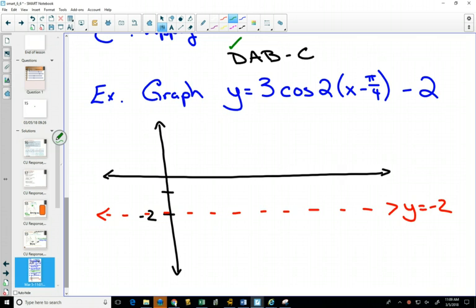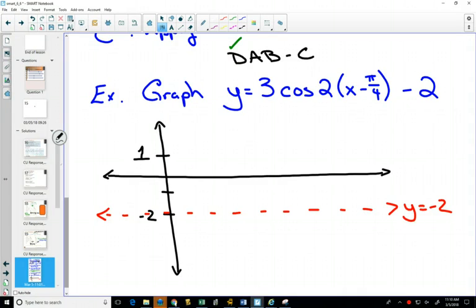Next part in DAB-C is your A value. Your A value is your amplitude. Your amplitude is always the distance from your center line to a maximum and center line to a minimum. So the next thing we're going to label is what our maximum value is and what our minimum value is. So I go from my center line and I'm going to go up 3. 1, 2, 3. There we go. 1 is going to be my maximum.